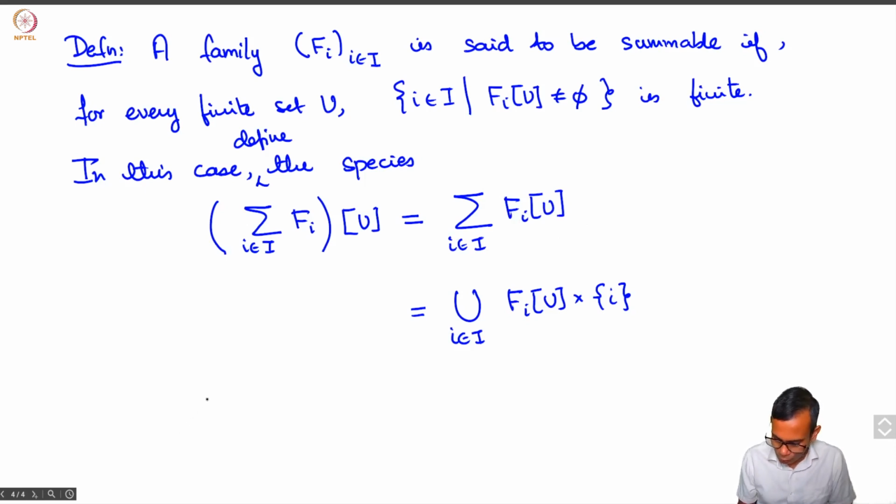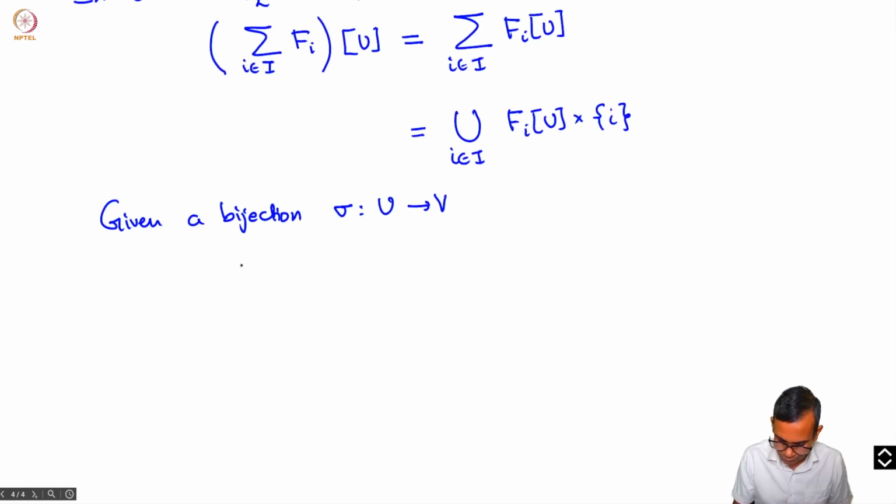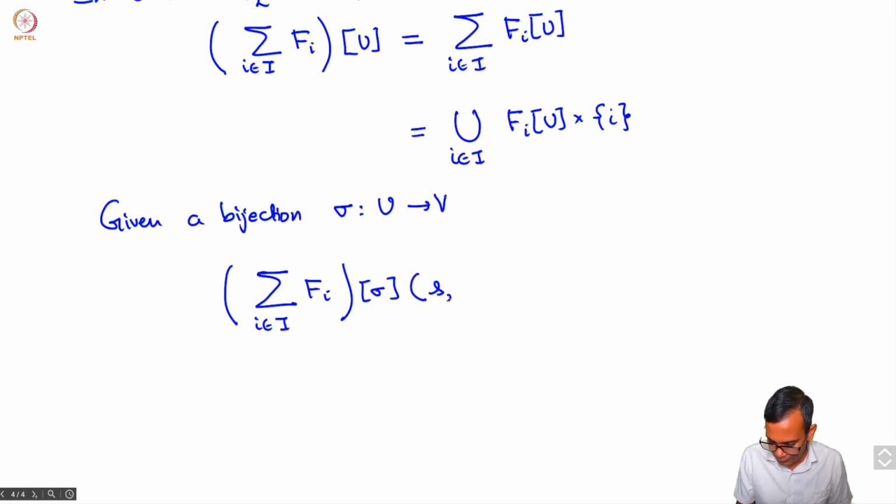And transport of structure, well, it's rather the most natural thing. Given a bijection sigma from U to V, you can define the transport of structure as follows: the summation over i in I of F_i of sigma. Now this will be applied to some element (S, i).